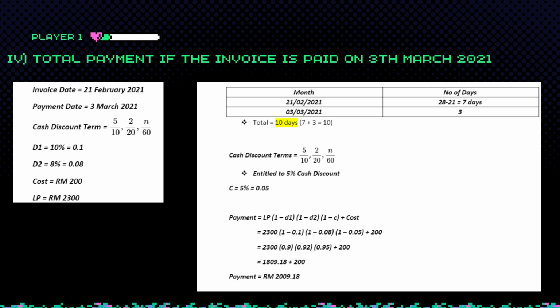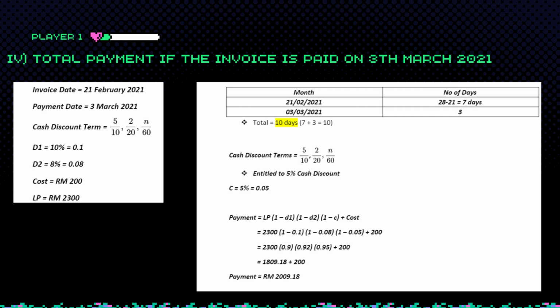The next one is the total payment if the invoice is paid on 3rd March 2021. To solve this question, you have to make a timeline. You have to find the number of days between the invoice date and the payment date. In February 2021 we only have 28 days.